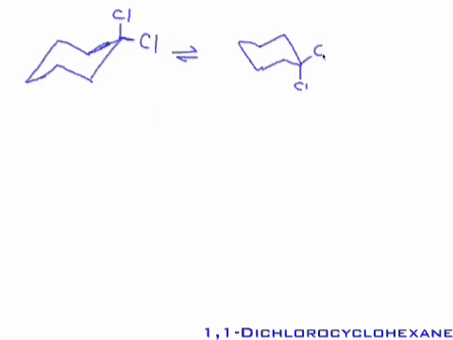First off, remember when you check for geometric isomerism, if you focus on one of the carbons that bear the 2 groups, and there are 2 identical groups, then there's no geometric isomerism. There is no cis-trans. So in 1,1-dichloro, there's no cis-trans. In the ring flip structure, you see we get 1,1-dichlorocyclohexane, and that is all there is.